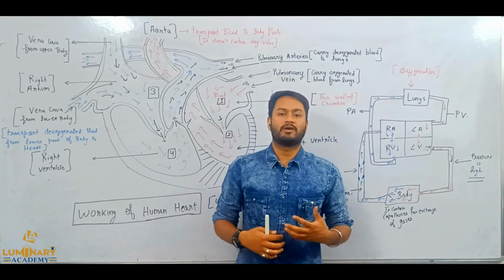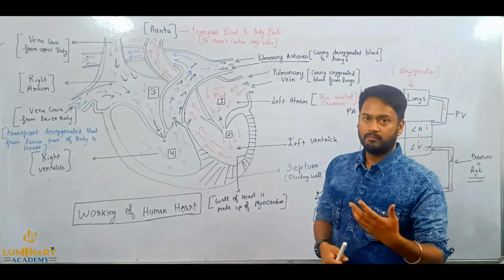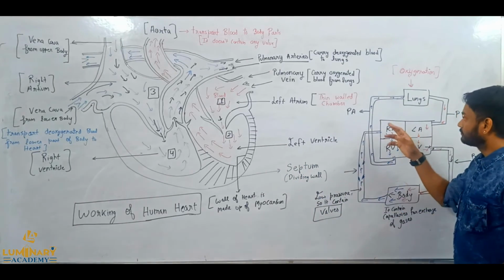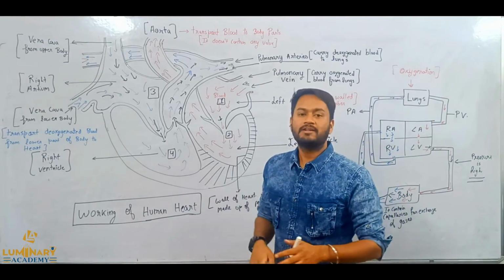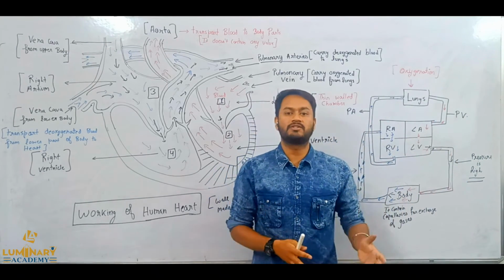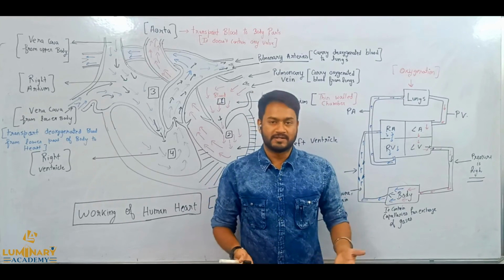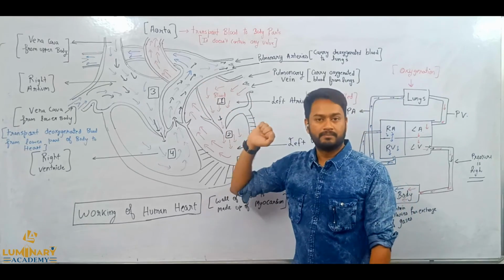Our body requires oxygen continuously. So this blood goes to the lungs, where the deoxygenated blood is oxygenated, and that is how oxygenation of blood takes place, right? And why are four chambers needed in human beings?